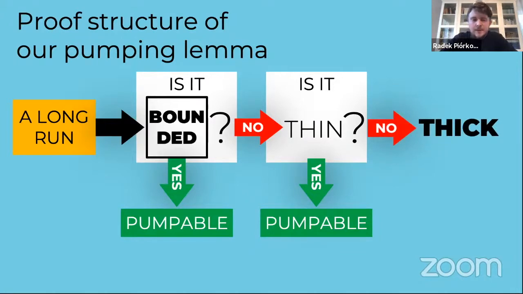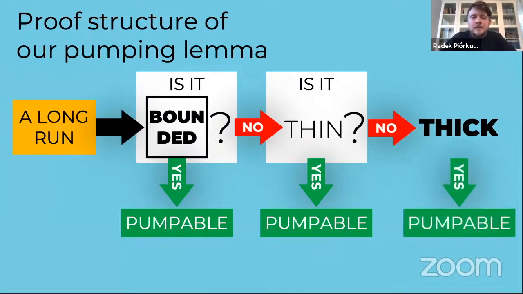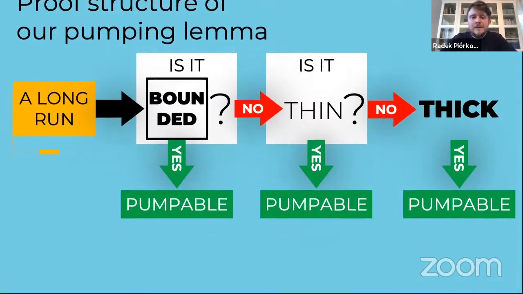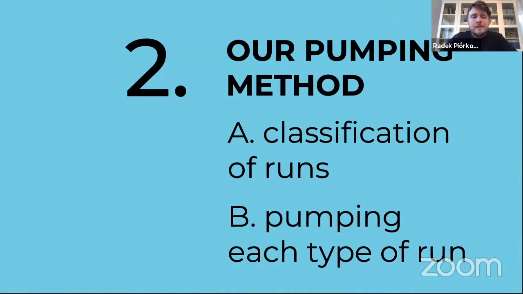So the second red arrow is the usage of our theorem that I showed you a minute ago. And in the thick case, we can also use the lemma for pumping thick runs. So all in all, we complete the proof. So that was our classification of runs.